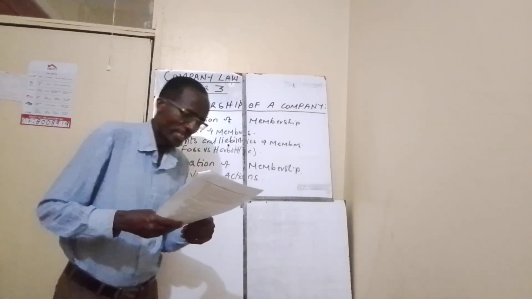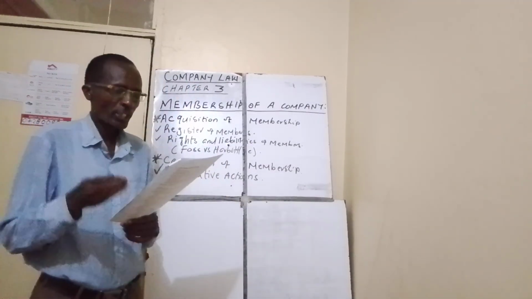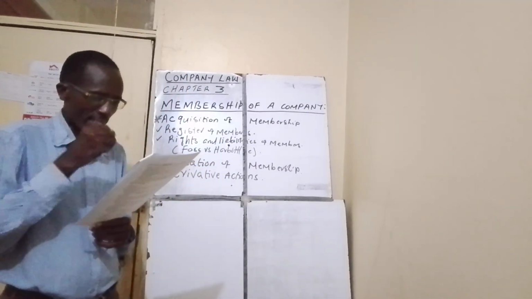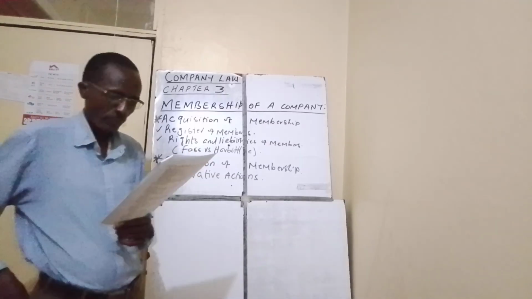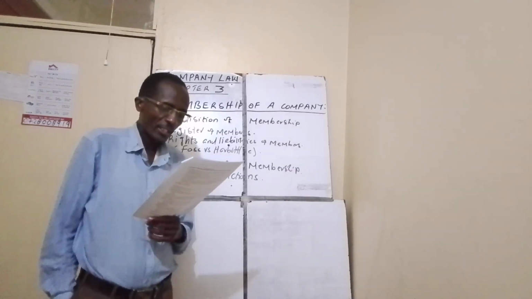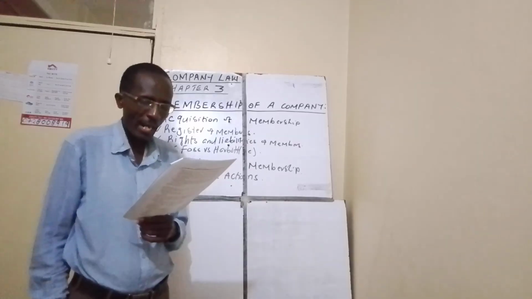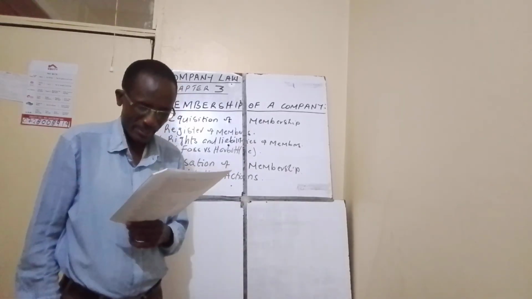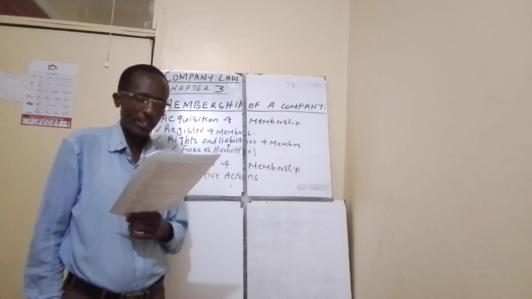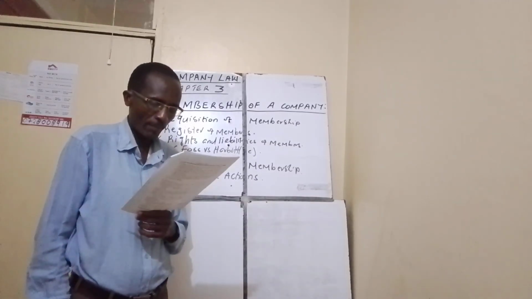Now here, we are defining derivative actions. This is an action instituted by a shareholder or a member in his name on behalf of the company to remedy a wrong done to the company.